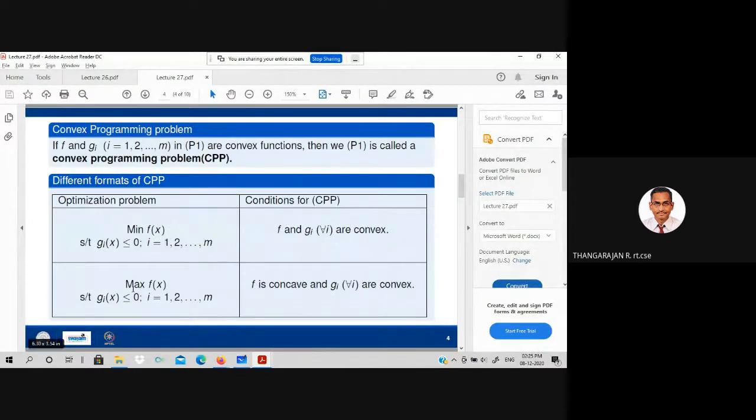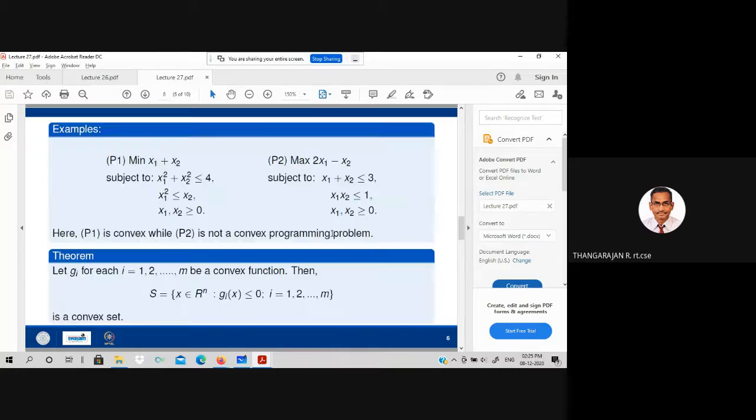When you are trying to maximize, both cannot be convex. So f should be concave. Here in our example, f and g are both convex, and we are trying to maximize. That means it is not convex. Our problem P2 is not a convex programming problem. Got it? So this is what you have to do.